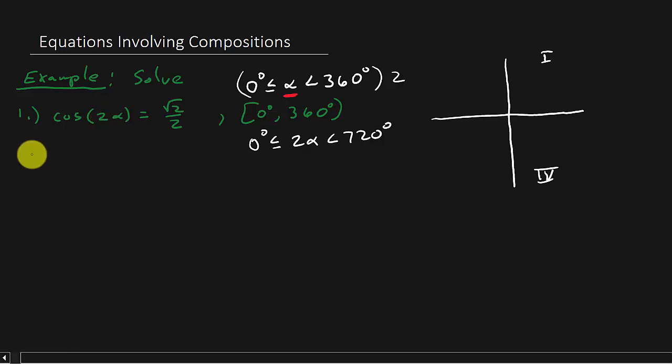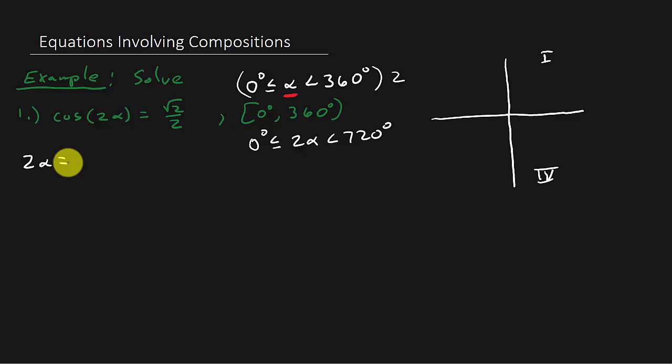All right, so my solution is in the first and fourth quadrant. Now remember what I said, find your reference angle first. And like I said, if you've watched the first video, all of this is going to make sense right now. Okay? And I'm telling you, go watch the first video if you haven't watched it. All right?